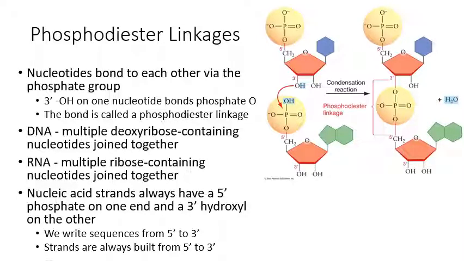So it always has to be added from 3' to 5', which means that on the front end, we're always going to end up with a phosphate group at the 5' carbon, and on the back end, we're always going to end up with a 3' hydroxyl group. That would be the place where you would be able to add a new nucleotide if you were going to keep extending the chain. So just like in proteins, you have the N-terminus and the C-terminus, in nucleic acids, you have the 5' end and the 3' end.